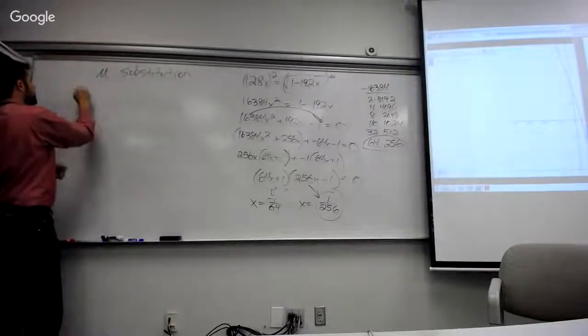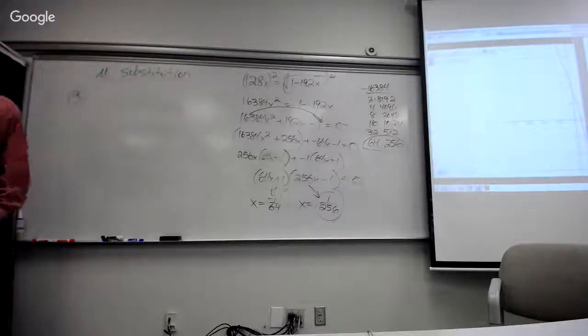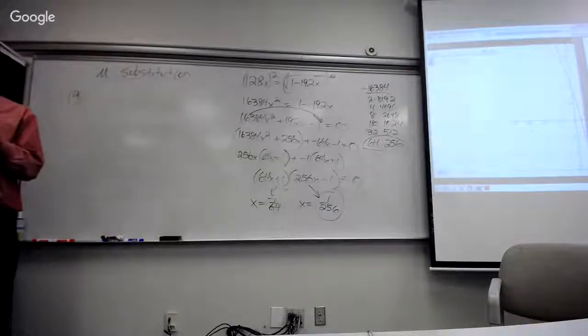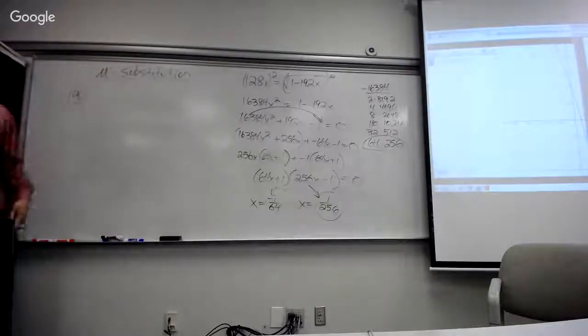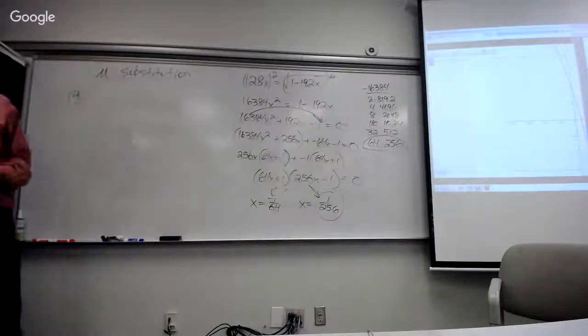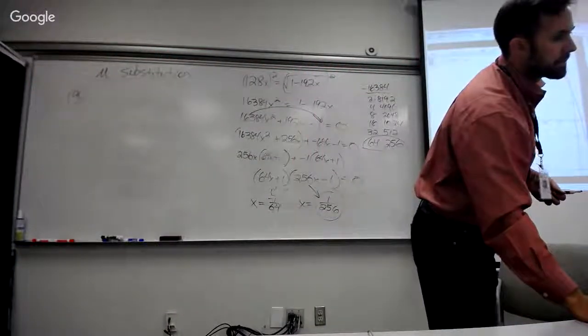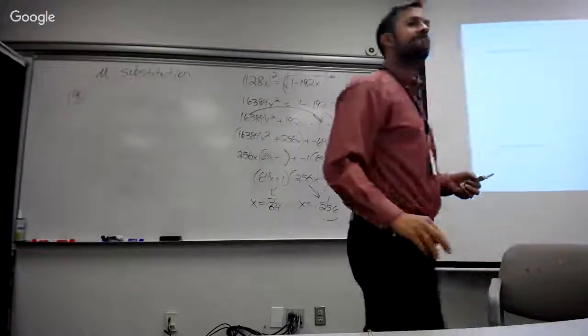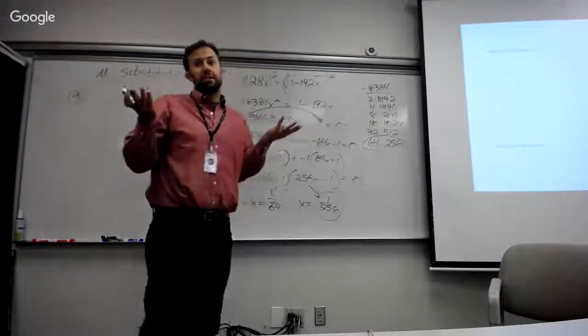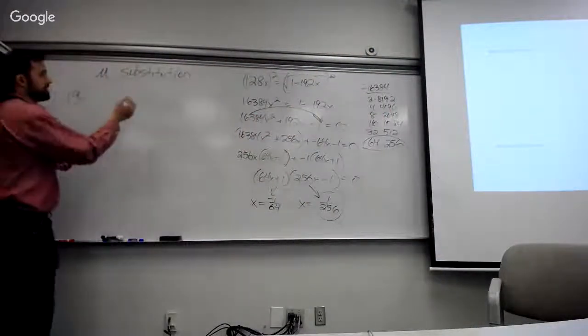So number 40, folks. We won't finish it, but we have time to look at it. I still have 4 more minutes. Does number 40 look like a quadratic? Yeah, it looks like a quadratic.